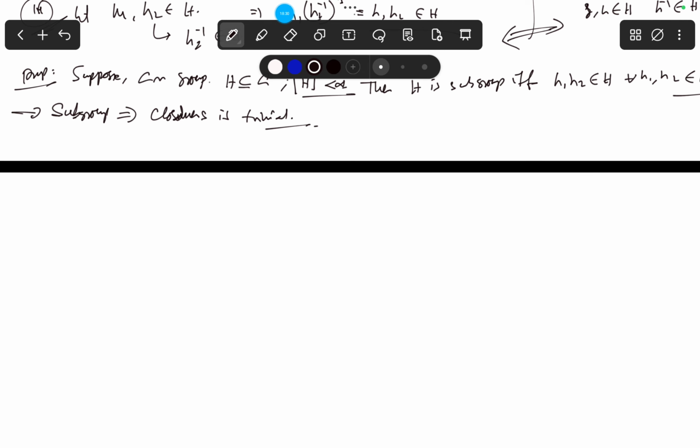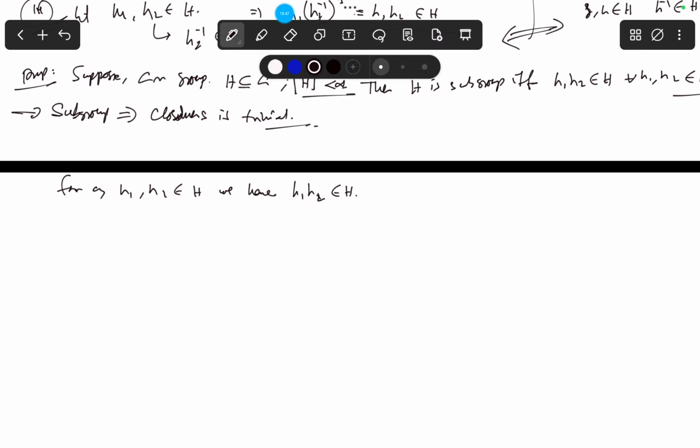So suppose for any h1, h2 in capital H, we have h1 times h2 or h1 star h2 is in capital H, whatever that be.